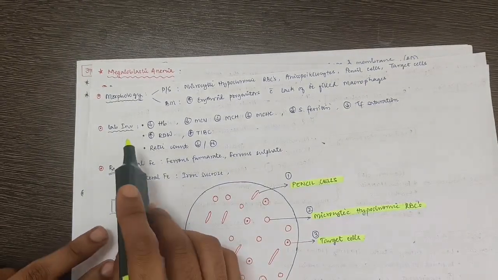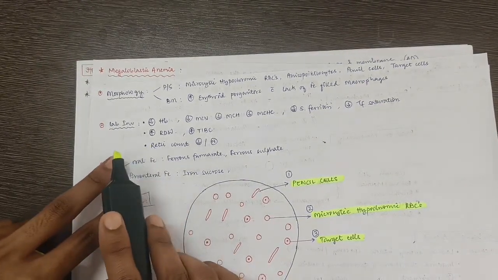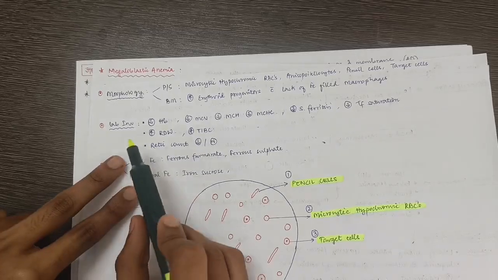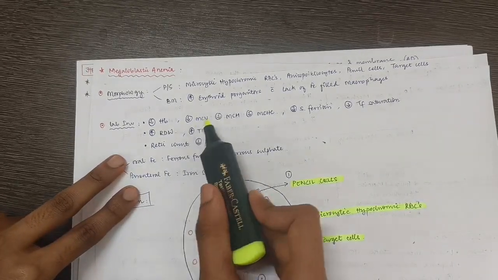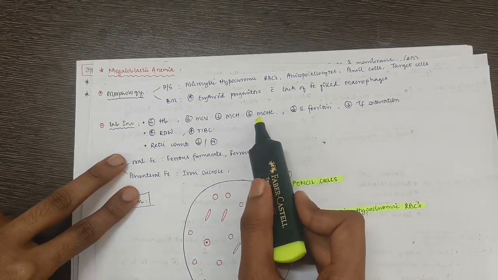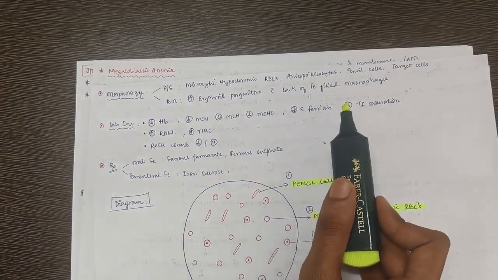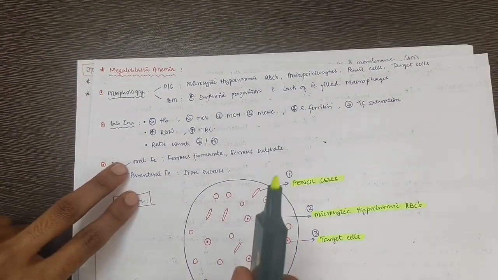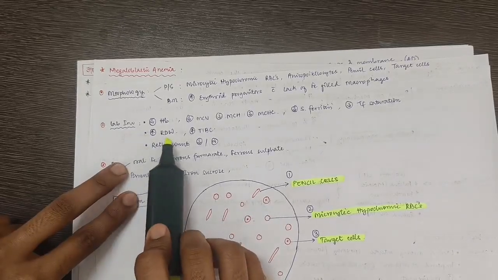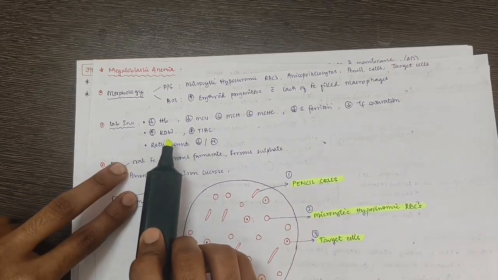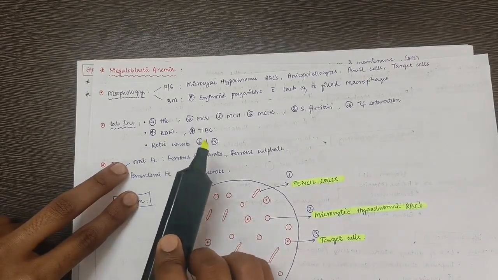So what are the lab investigations? In lab investigations, most things are reduced. That is Hb is reduced, MCV is reduced, MCH is reduced, MCHC is reduced, serum ferritin is reduced, and transferrin saturation is also reduced. So what is increased? RDW, that is red cell distribution width, is increased, and TIBC is increased.